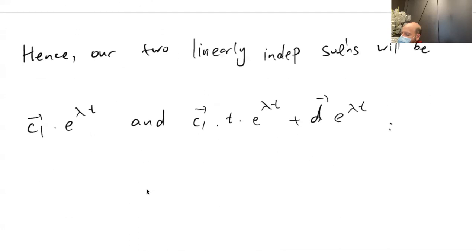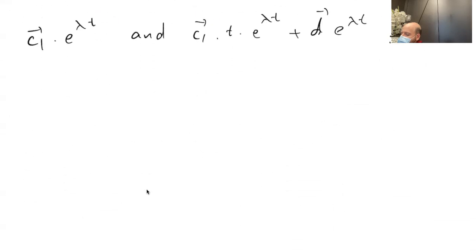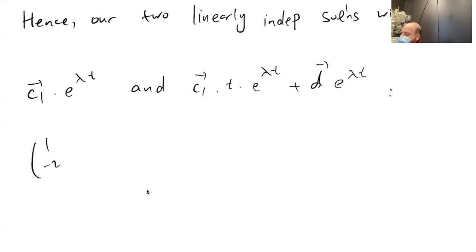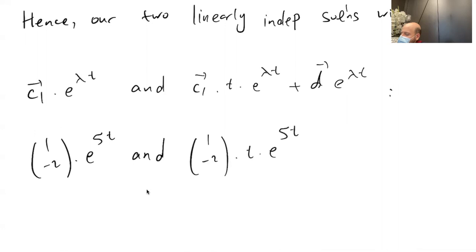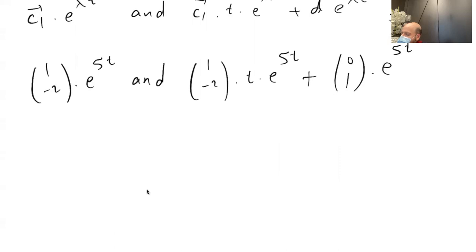We have everything here. C1 was 1 and minus 2. So 1 and minus 2 e to the power 5t, and 1 and minus 2 t e to the power 5t plus D, which is 0 and 1, e to the power 5t. So these are the two linearly independent solutions.